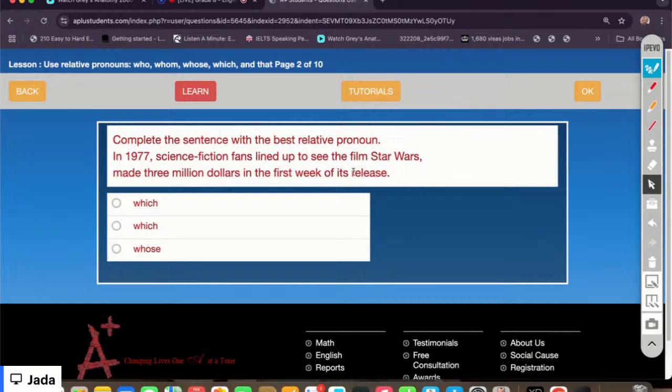In 1977, science fiction fans lined up to see the film Star Wars. Dash made $3 million in the first week of its release.